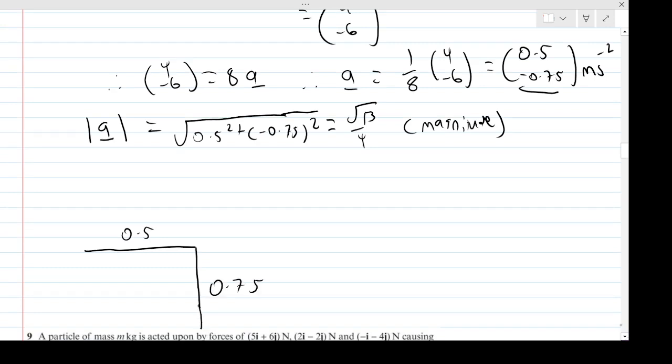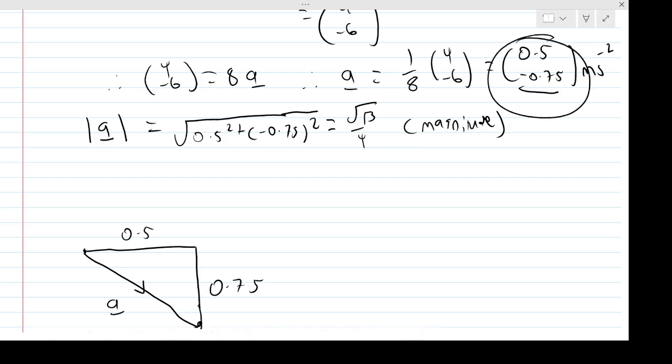So my vector, if it starts here and ends here, is here. That's my acceleration vector. Okay, hopefully with me there. So 0.5 across, then 0.75 down. Hence I get the vector here.